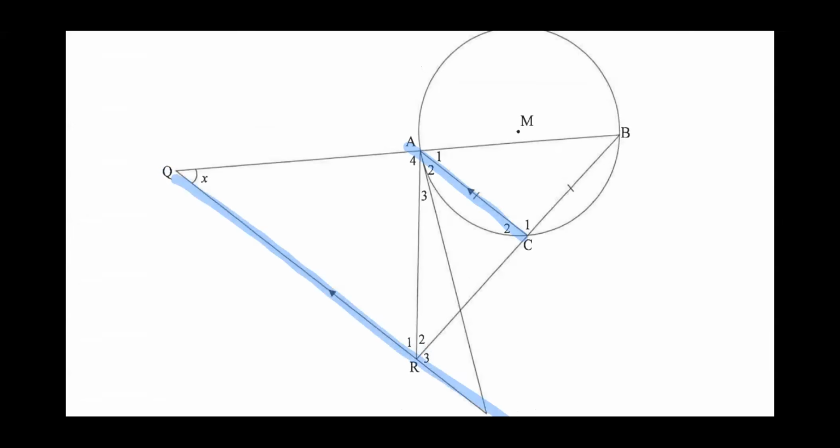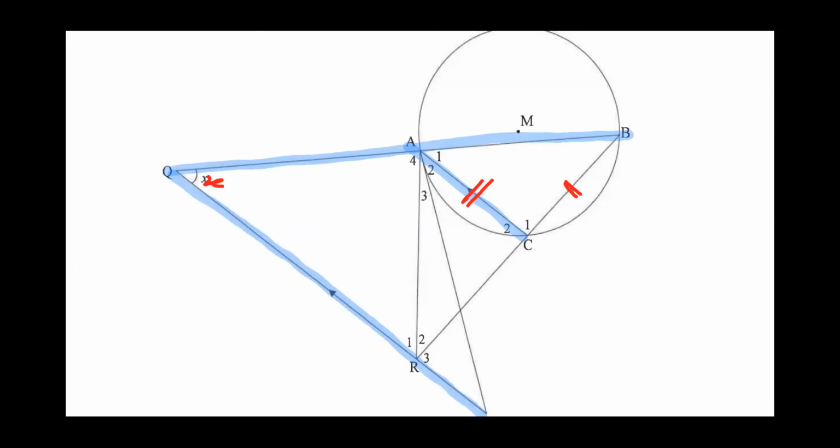Also, they said that line AC is equal to line BC. And then also they gave us angle Q as X. So we're going to use these things to calculate 4 other angles that are also equal to X. Now, I'm first going to start with the corresponding angles.